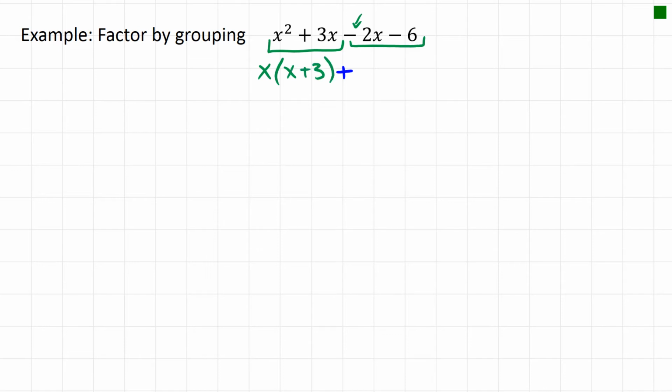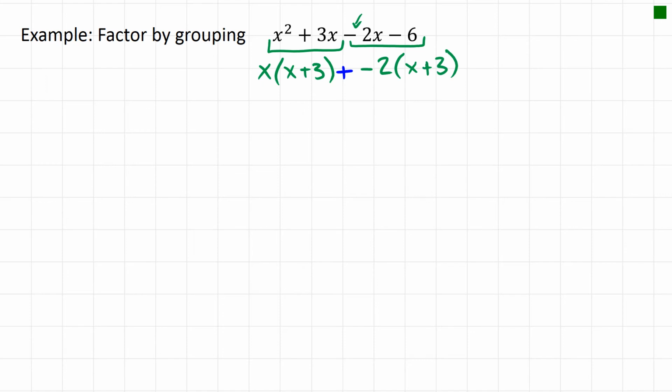And then I'm going to separate these pairs by a plus, and I'm going to really include that negative sign in the second pairing. So I'm going to factor it out of the second pairing. So I have negative 2 in common of that second pair, and I am left with x plus 3.